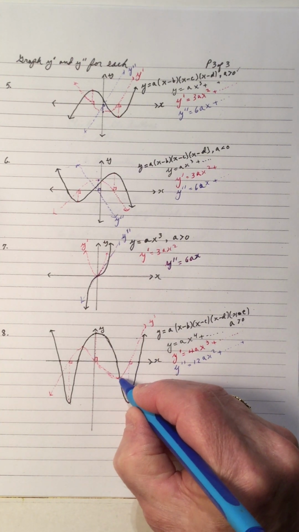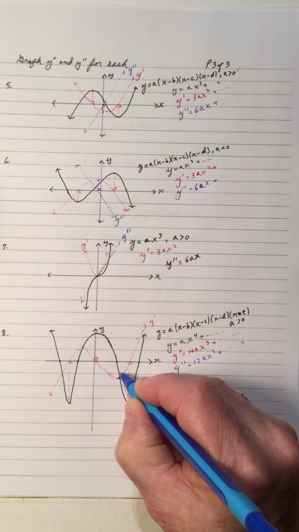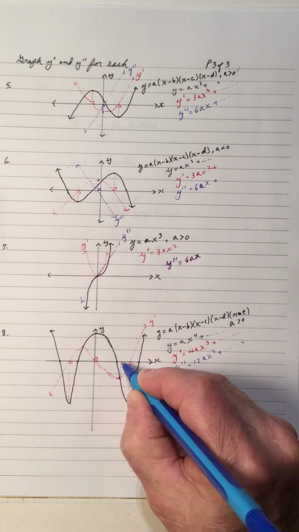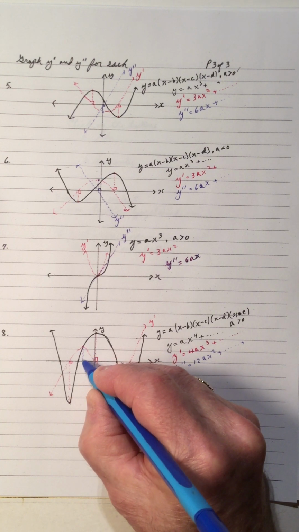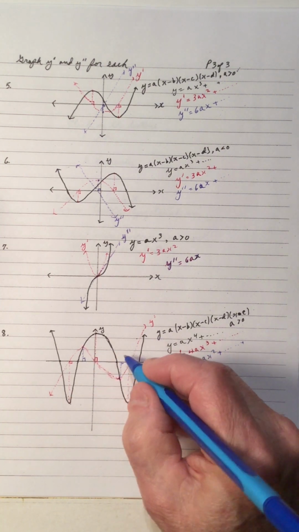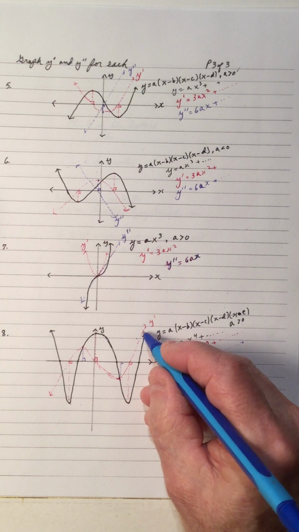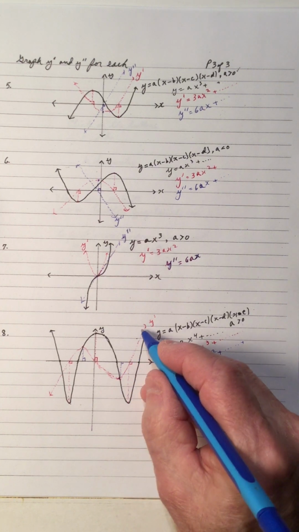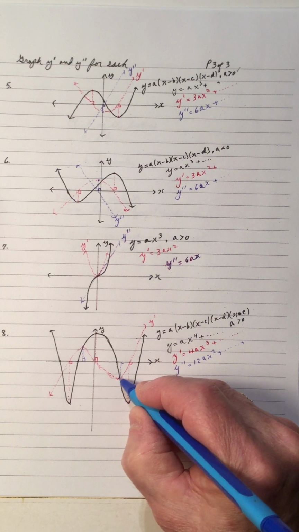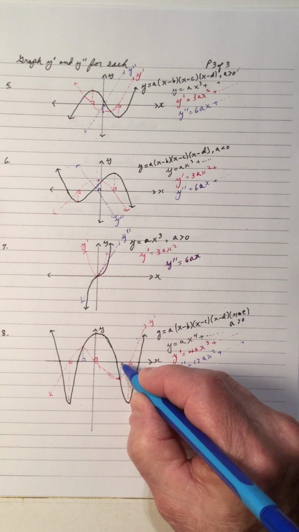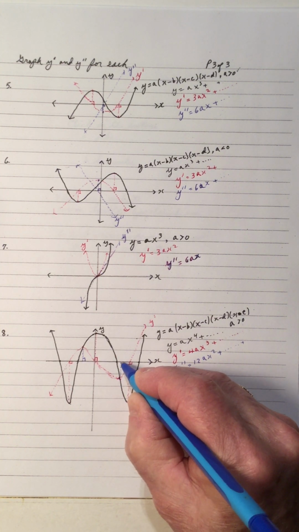So this is a peak point, so we drop a perpendicular to the x-axis. And this is the peak point, so we drop a perpendicular to the x-axis. So we're not looking at the quartics, we're looking at the cubic now, the derivative of the cubic. So on this side the value of x here is the same as here.